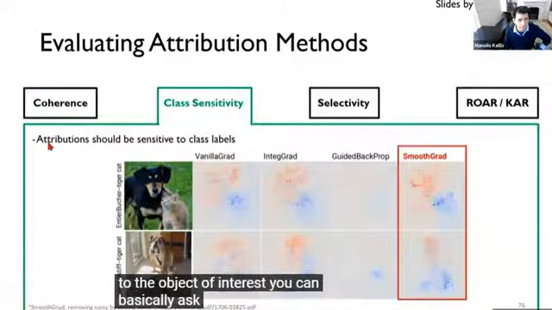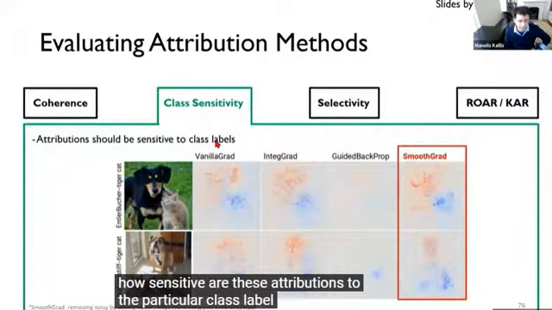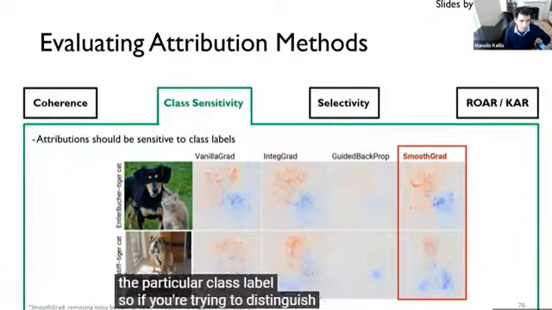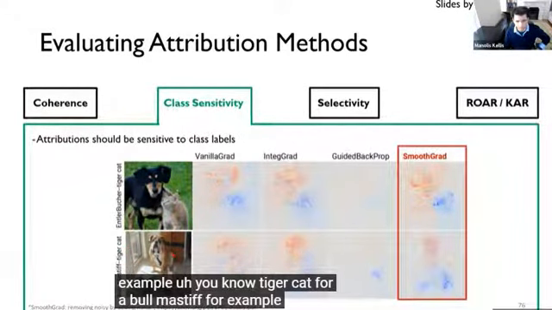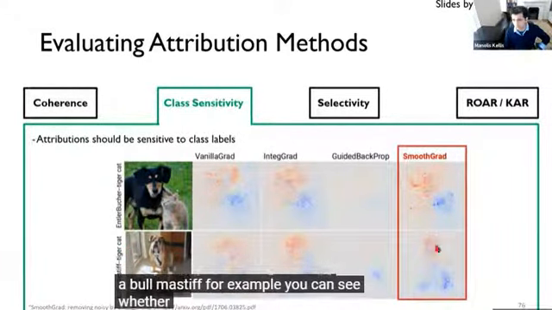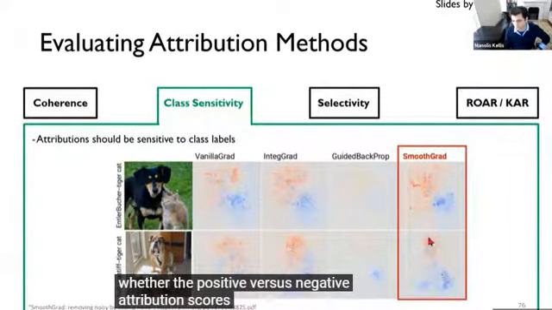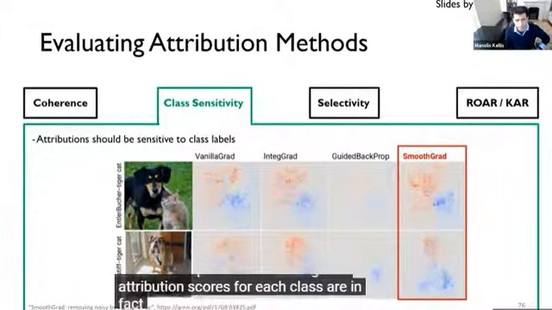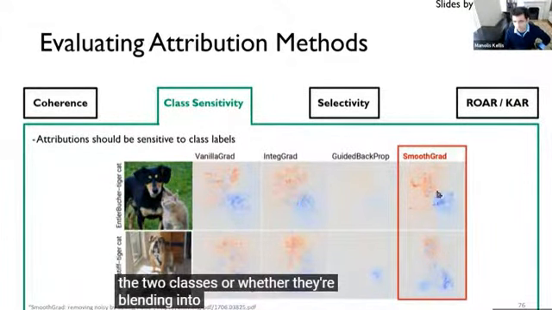You can basically ask how sensitive these attributions are to the particular class label. So if you're trying to distinguish, for example, tiger cat from bull mastiff, you can see whether the positive versus negative attribution scores for each class are in fact distinguishing the two classes, or whether they're blending into each other.